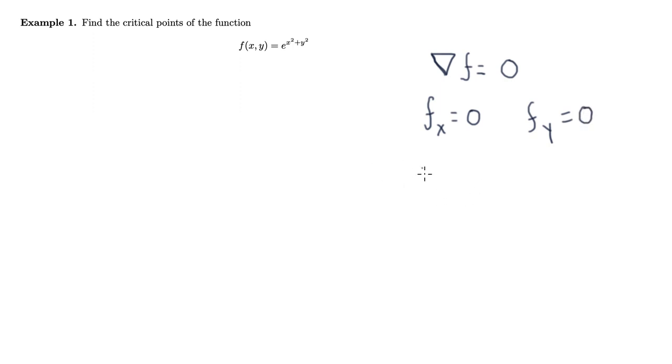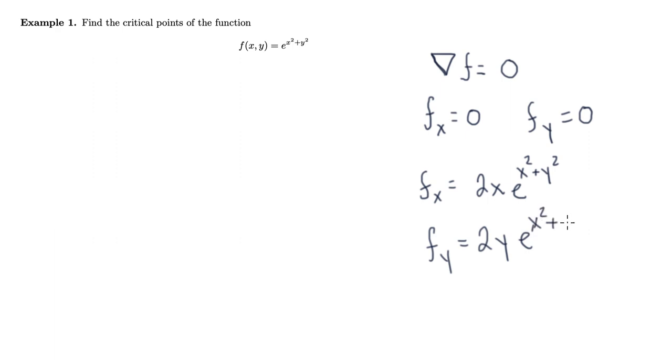Okay, so what is the partial with respect to x? Well, it's going to be 2x e to the x squared plus y squared, and then fy is 2y e to the x squared plus y squared.